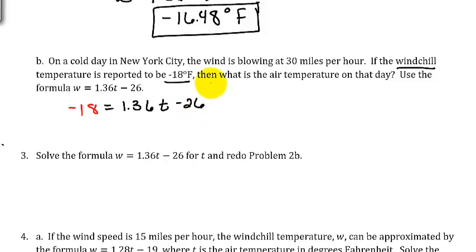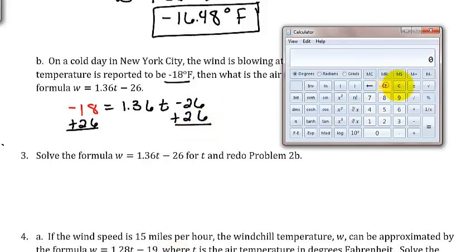And so now we want to solve this equation for T. So I'm going to add 26 to both sides. So we have negative 18 plus 26.